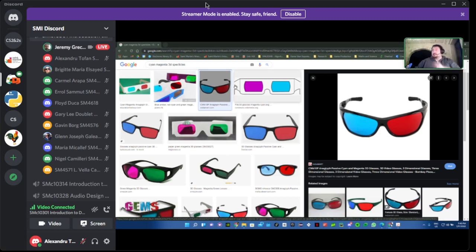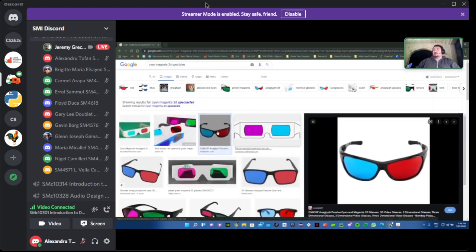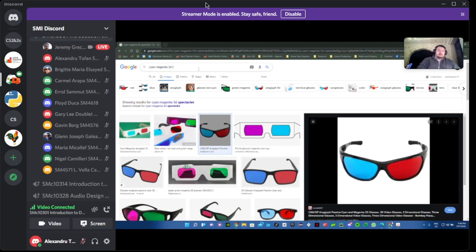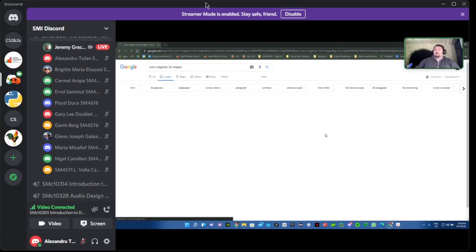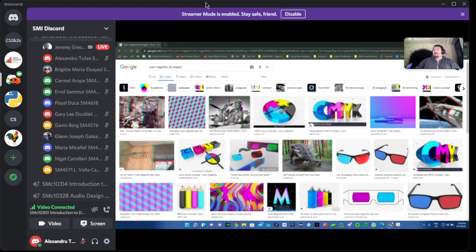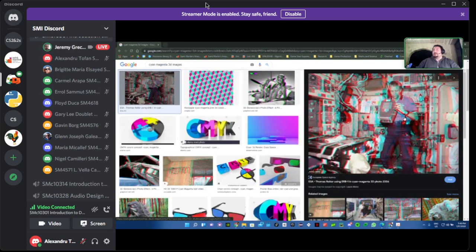Yes. Essentially, why would you have glasses with one colored lens and another colored lens? The idea was that they used to make use of images such as this, which were basically two images superimposed on top of each other.